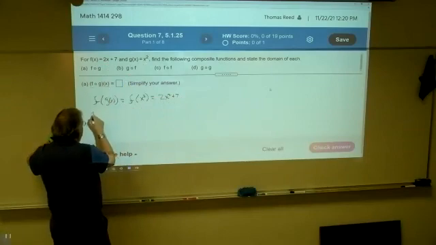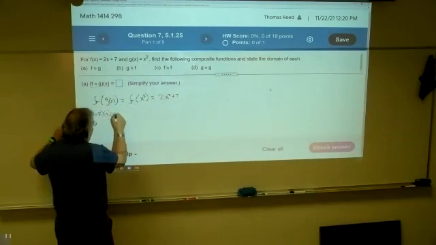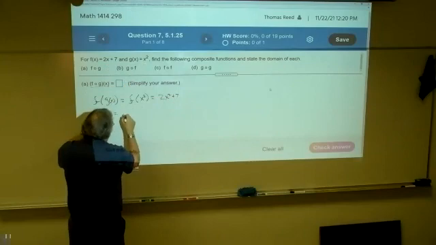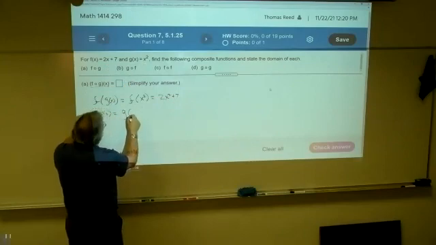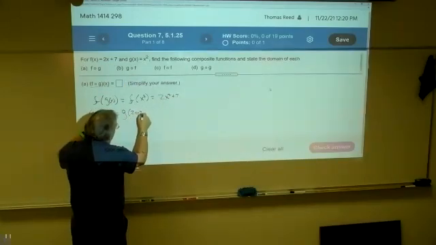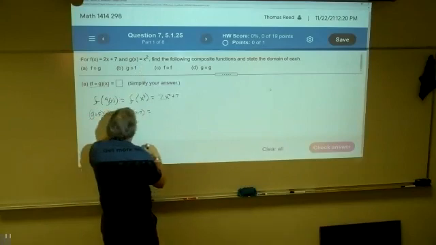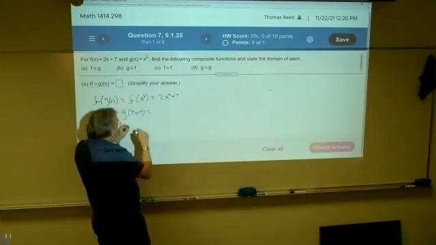But when I do G composed with F of X, I start with the F function, and I'm going to put that into the G function. So that's 2X plus 7. What am I doing with the G function? Well, I'm squaring its argument. Here's its argument.